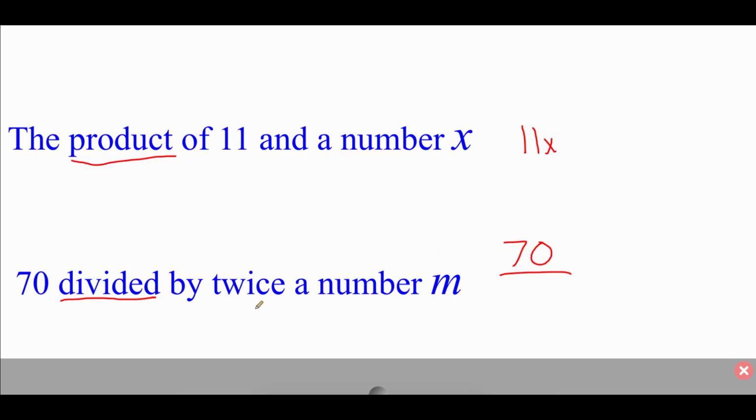Twice means that we're going to be doubling this number m, or doubling would mean that we're multiplying it by 2. So on the bottom of my fraction, I'm going to put 2 times m. So 70 divided by twice a number m is 70 over 2m if we're writing that as a fraction. Now if we're writing that using a division symbol, then we would do 70 divided by 2m.